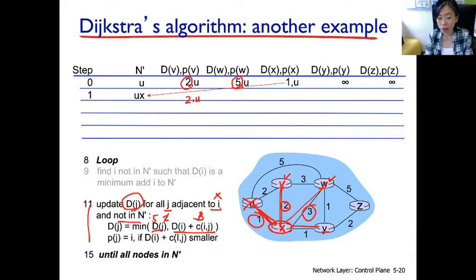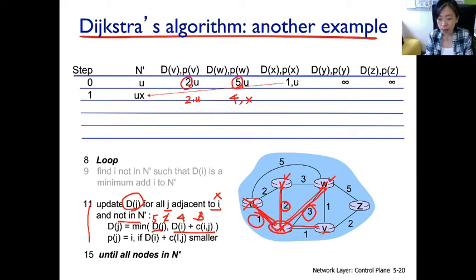So in a way, this new path we just discovered, the cost is 4. Is 4 better than 5? It is, therefore we write 4 here, and the predecessor is now i. Because for this new path for destination W, the previous node is X.